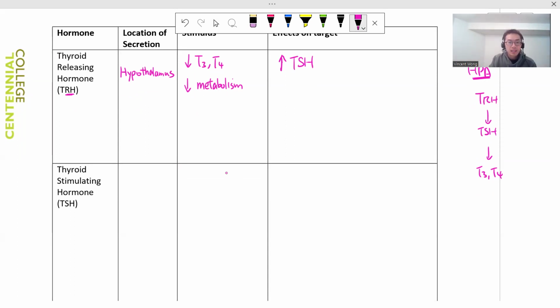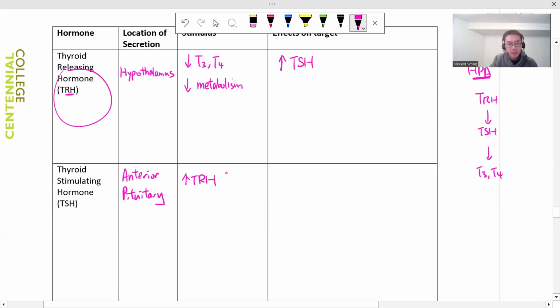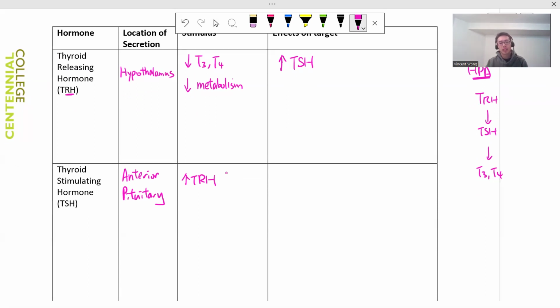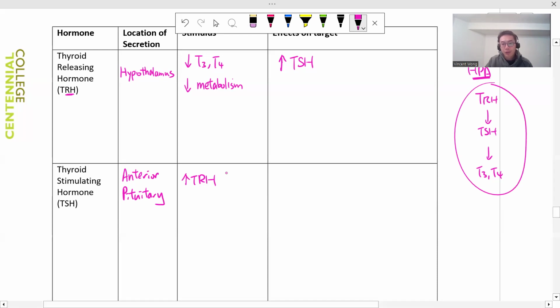And this time it is from the anterior pituitary. And the stimulus is increase in TRH. It's basically like the previous thing, right? So when there's more TRH, the anterior pituitary gland will release more TSH. And if you follow the path again, the effect on target is going to increase T3 and T4.